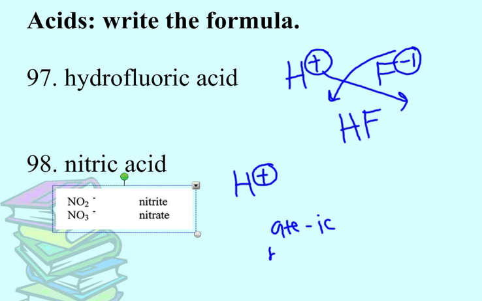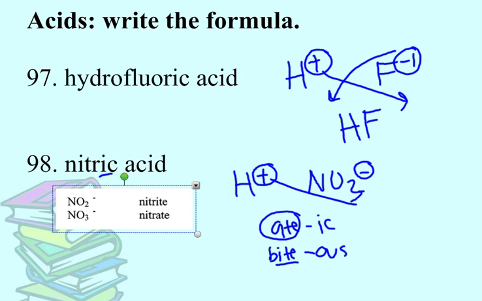And don't bite, it's infectious. So, I know because the ending is "ic" that it had to be nitrate. And nitrate is NO3 minus 1. So when you crisscross the oxidation numbers, you just get HNO3 as your final answer.